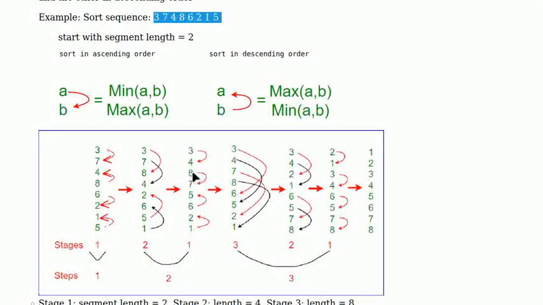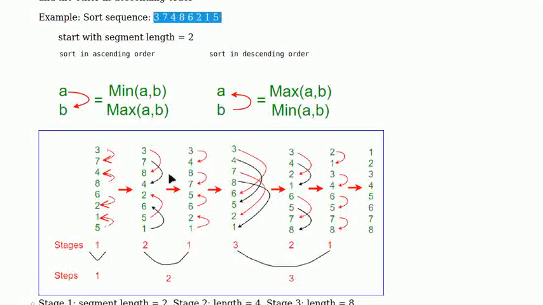And sort 8, 7 in ascending order, so it becomes 7, 8. 5, 6 in descending order becomes 6, 5. 2, 1 in descending order becomes 2, 1. So step 2 consists of 2 stages. We first sort with distance 2, and then the distance becomes 1.